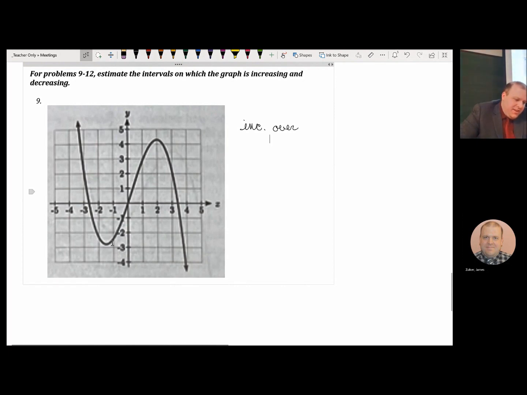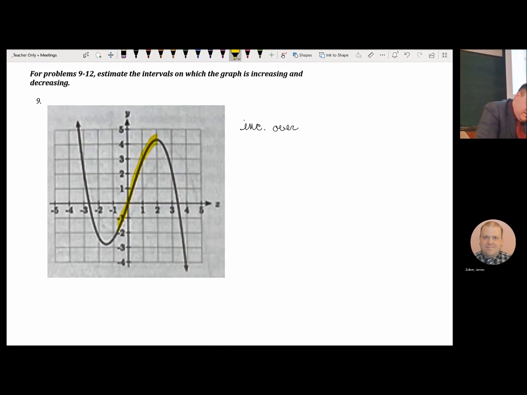And so we'd all agree it's increasing here, right? Let's see if I can highlight it. Right, that's clearly increasing. Since we just want intervals, we're going to look for the x values.